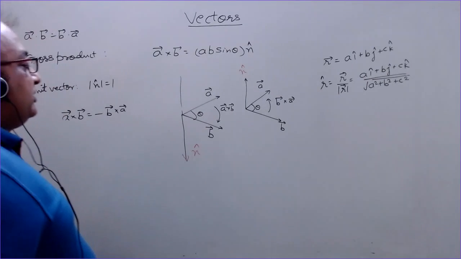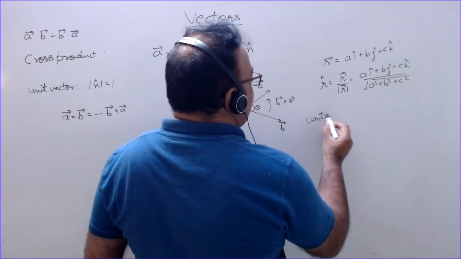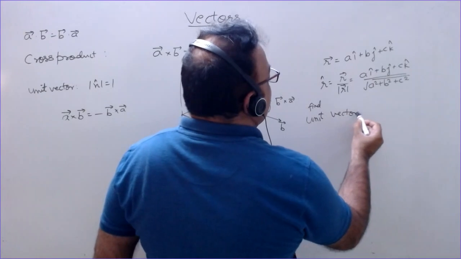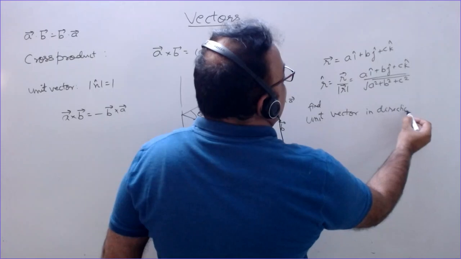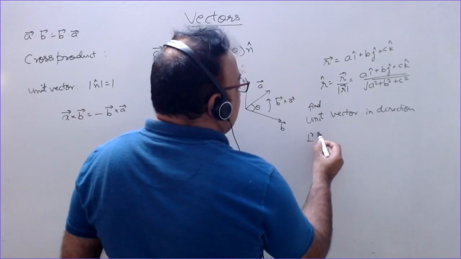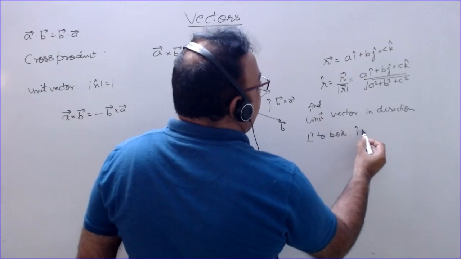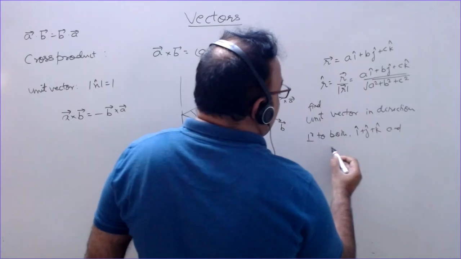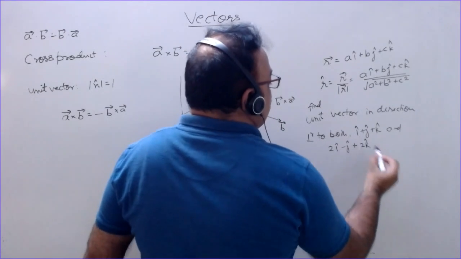So cross product is a vector product, and suppose the question is: find a unit vector in the direction perpendicular to both of two vectors, i plus j plus k and 2i minus j plus 2k.